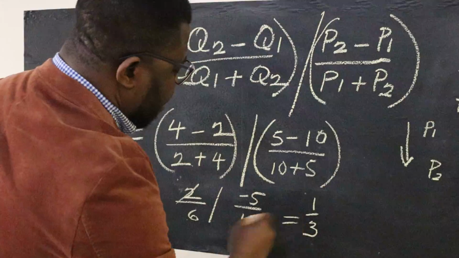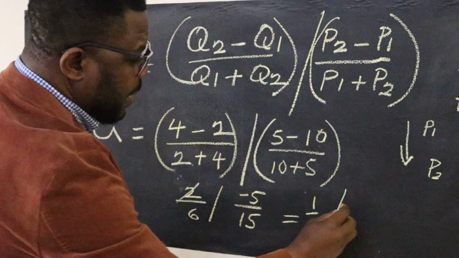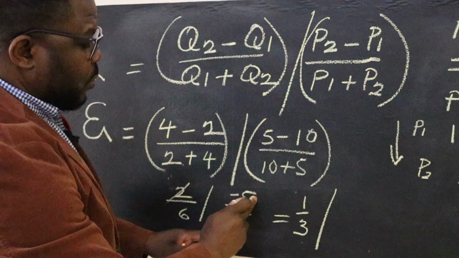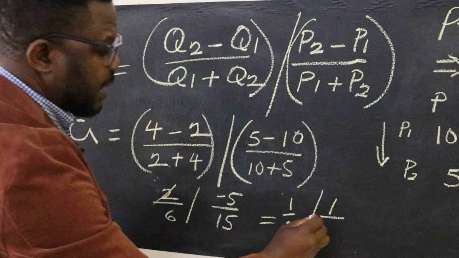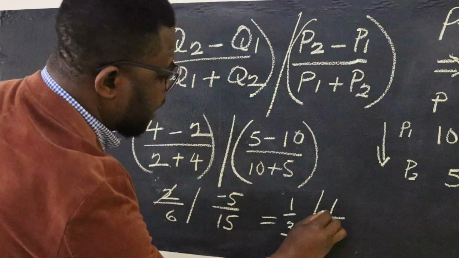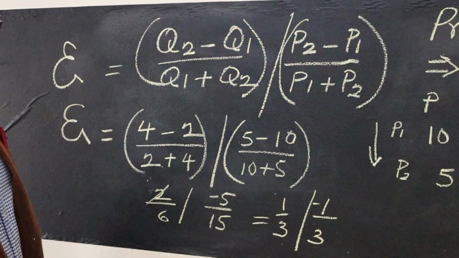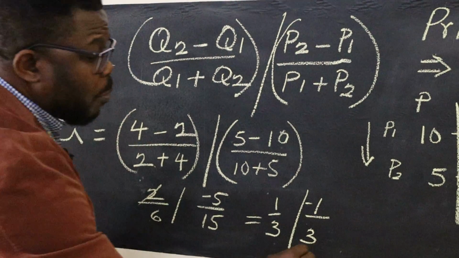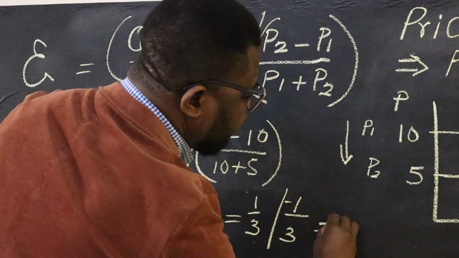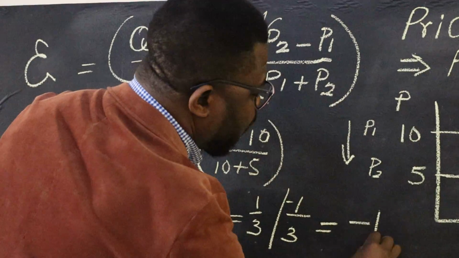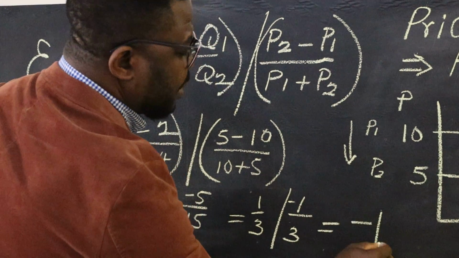Do the same here: minus 5 into minus 5 is 1, minus 5 into 15 is 3. Actually, there's a negative sign here. When we work this out, our answer is going to be minus 1.